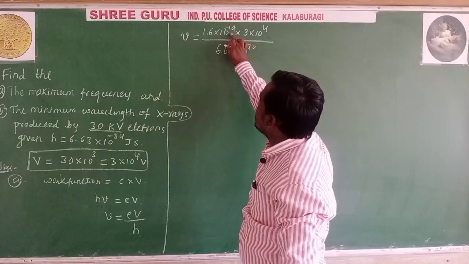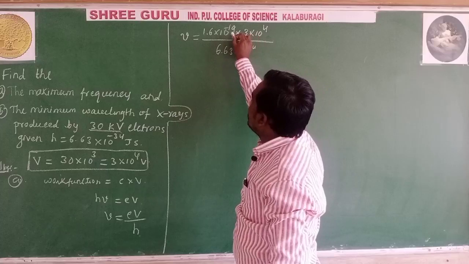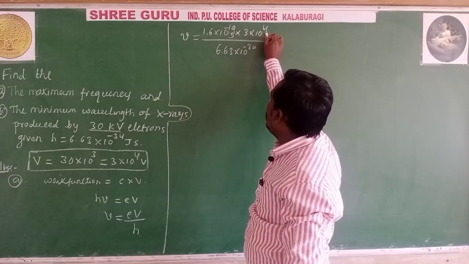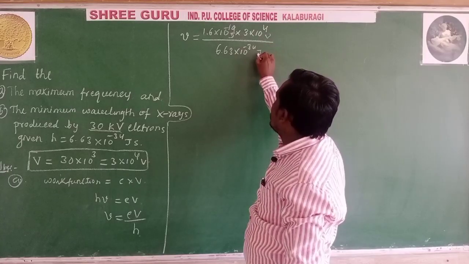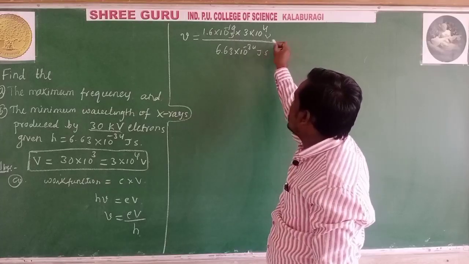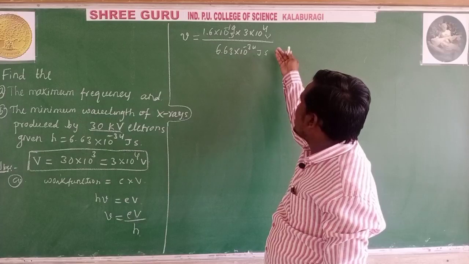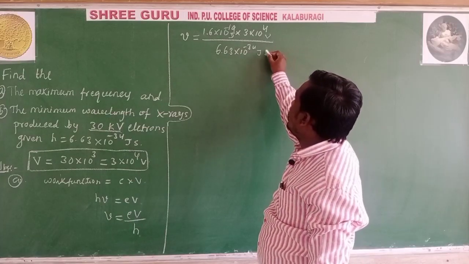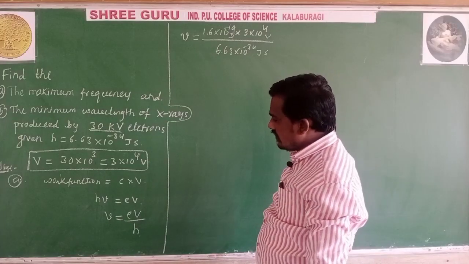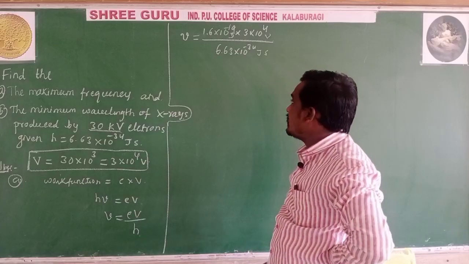If we are considering the charge of an electron in terms of joules, and this is in terms of voltage, and this is joule second, the joules get cancelled, and the volt also cancels. The things are going to cancel. Why? Because this much of voltage is going to act.